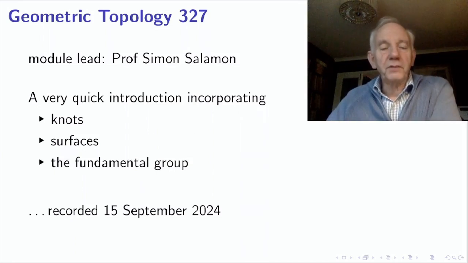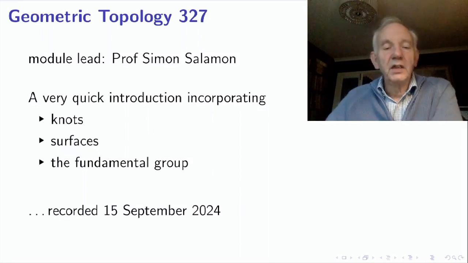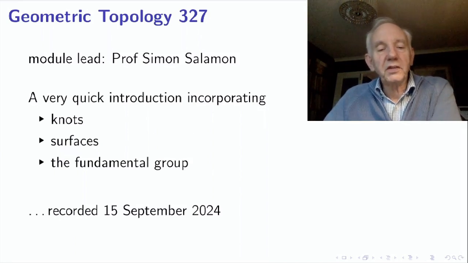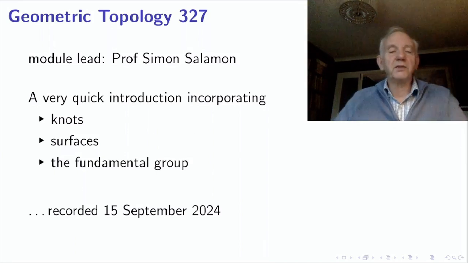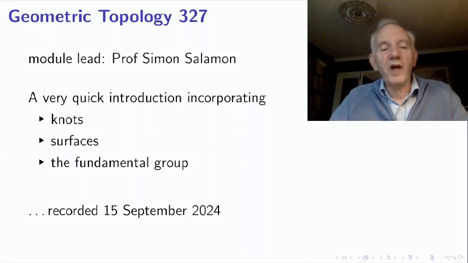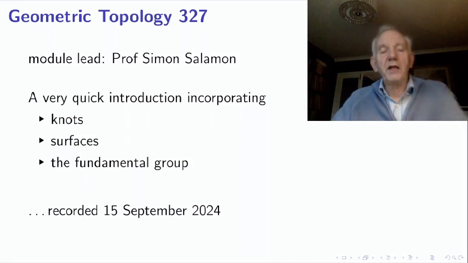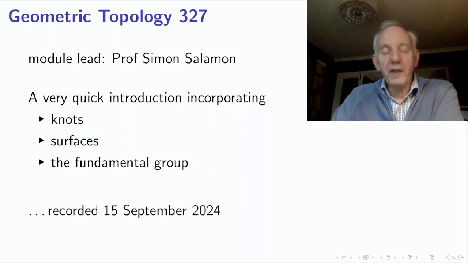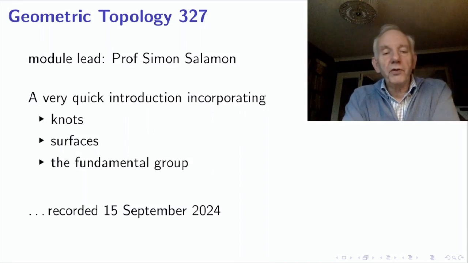So I've chosen an example that sort of links knots to surfaces, the so-called Seifert algorithm. And you can find this explained in section 5, I think it is, of the lecture notes. So let me just begin and take you through this example.